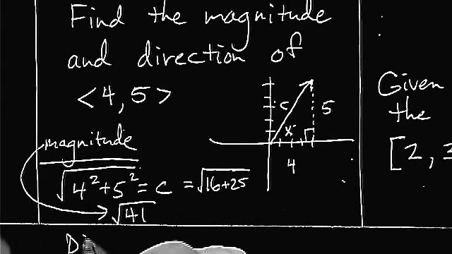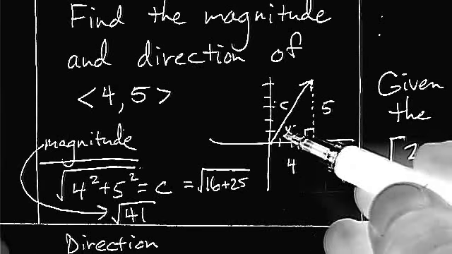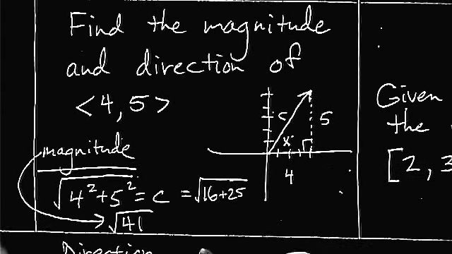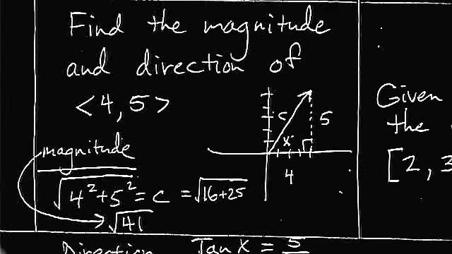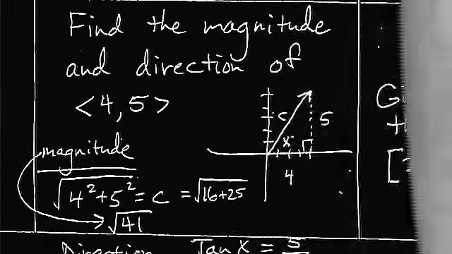Now direction. Direction would be that angle measurement. Well, good old SOHCAHTOA, right? Opposite over adjacent. That's a tangent issue, so the tangent of the angle is opposite over adjacent, 5 over 4. We know from our earlier studies that tangent inverse is the only way we're going to find that value.